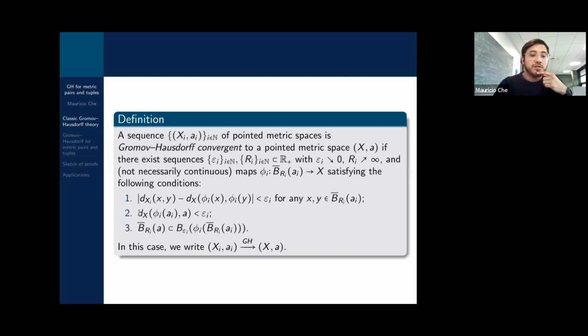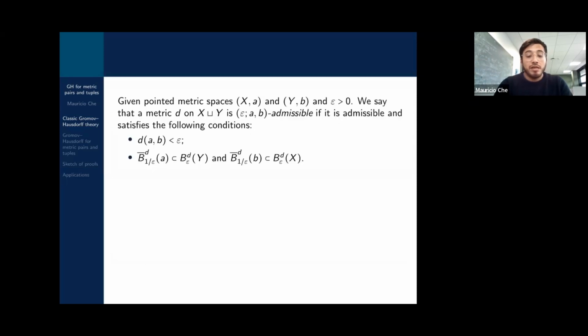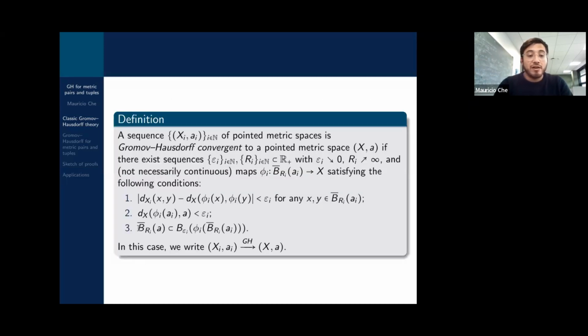They are almost pointed maps, and they are almost surjective. That's the meaning of the third item here. And then, in that case, we denote the convergence like this. We use this notation here. Okay.